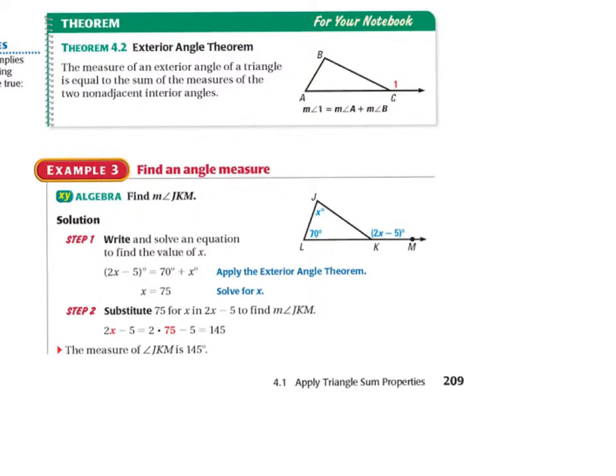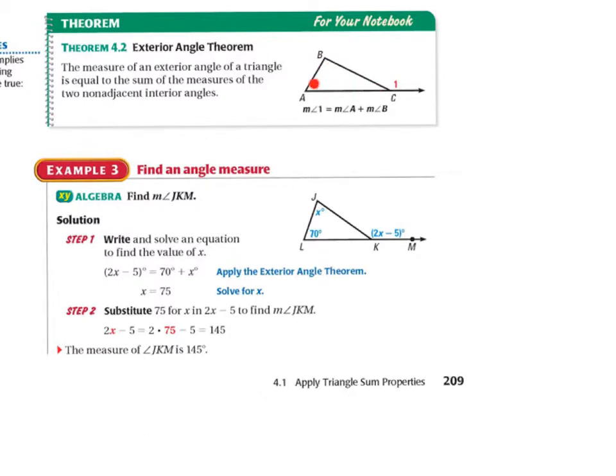Okay, and our second theorem here with the triangles, this is theorem 4.2, the exterior angle theorem. This one says the measure of an exterior angle of a triangle is equal to the sum of the measures of the two non-adjacent interior angles. This really makes perfect sense if you think about it, because this is the angle that we're working with here.